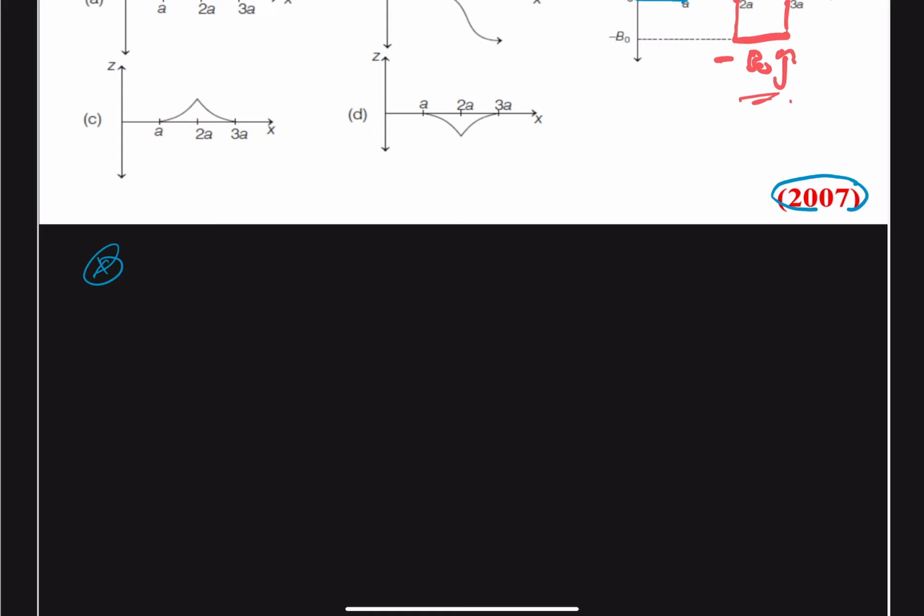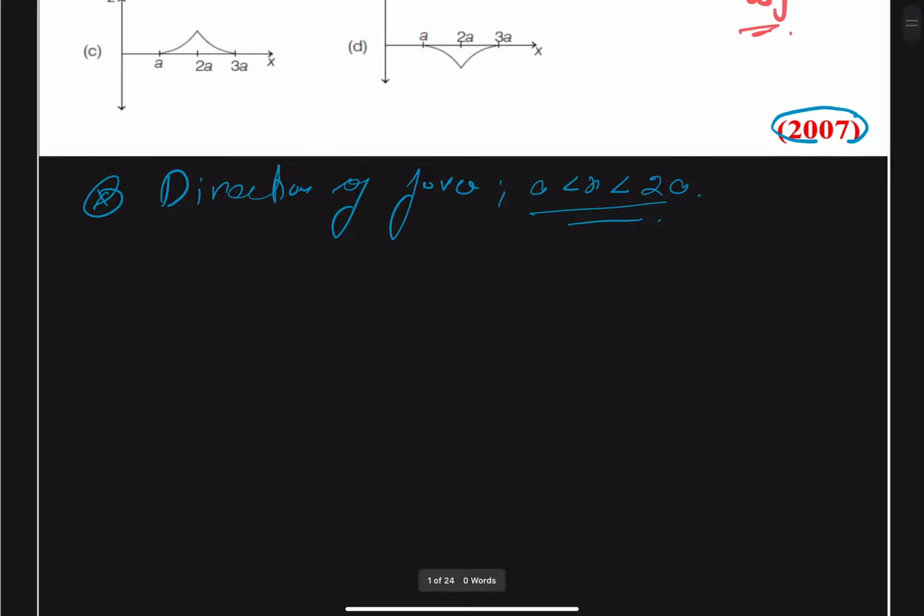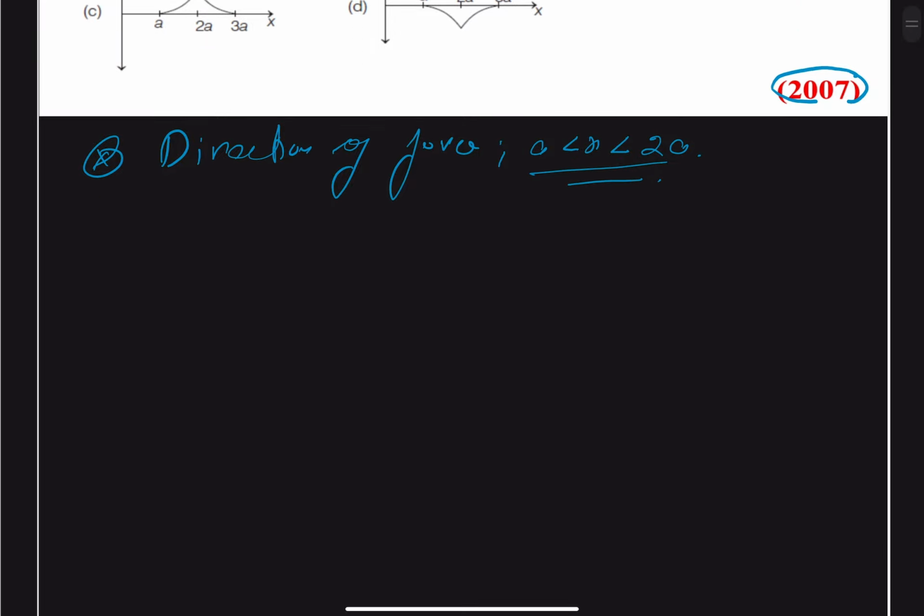So we can say, direction of force when x is greater than a but less than 2a. In this condition, we can write our magnetic force F will be equal to q v cross B, and we substitute the respective equations.